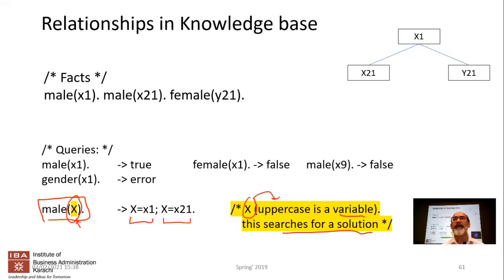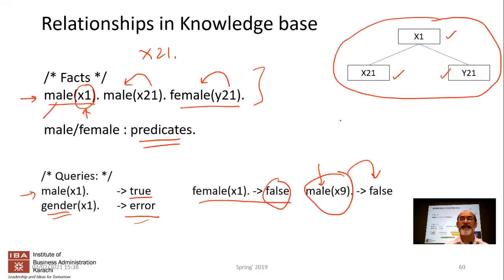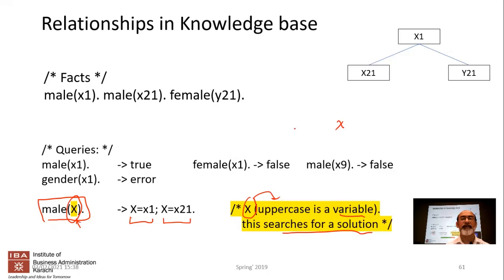You could write anything. You could write male WHAT, and it will still work. It may not make sense in English, but it will still work. So if I write male and WHO, you get the same output.